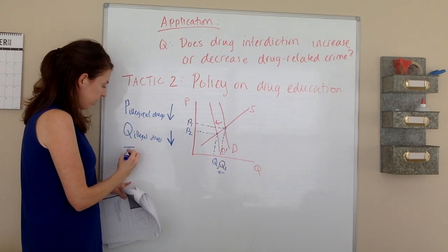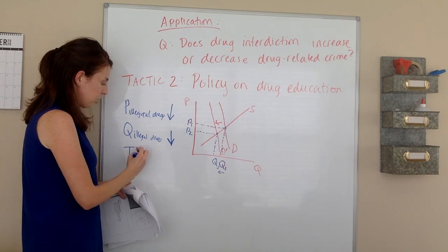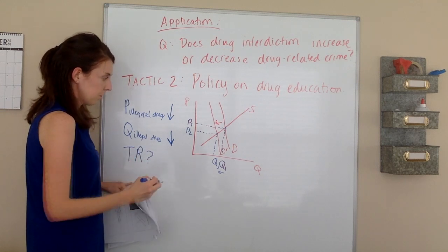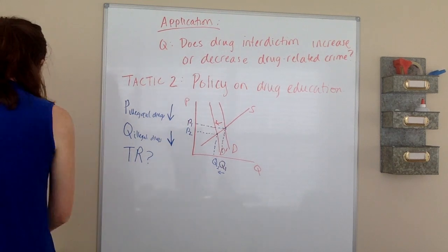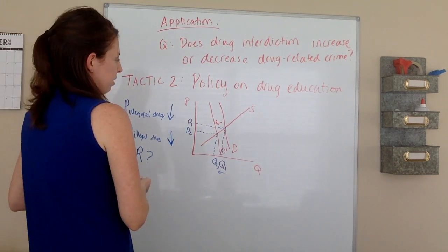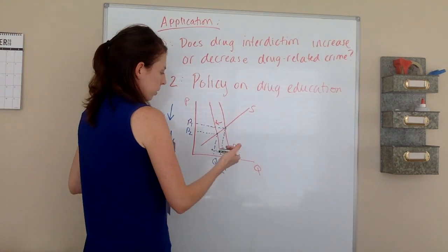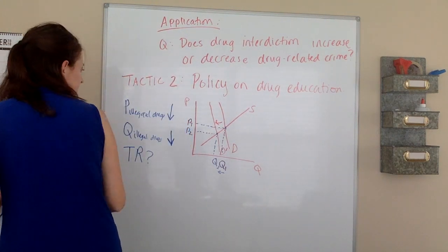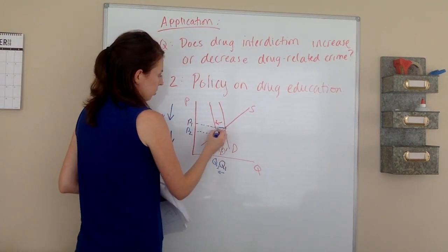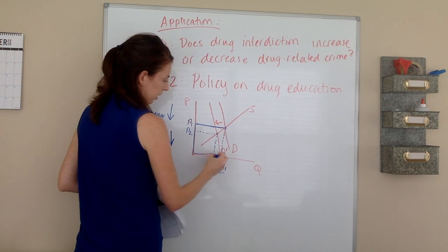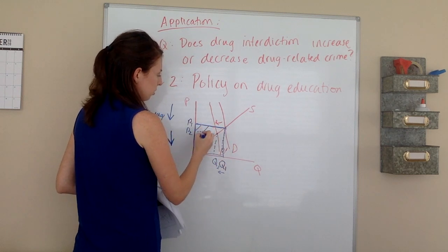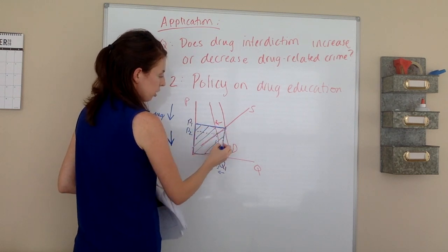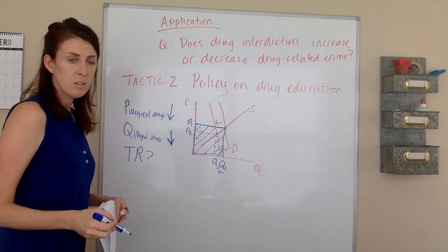So now what about the total revenue for drug sellers? Originally, before the educational initiative, we were sitting at this top crosshair. This whole rectangle here was equivalent to the total revenue that drug dealers are bringing in from their drug sales.